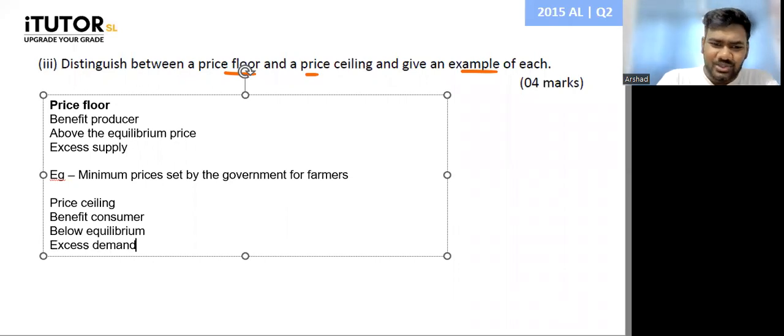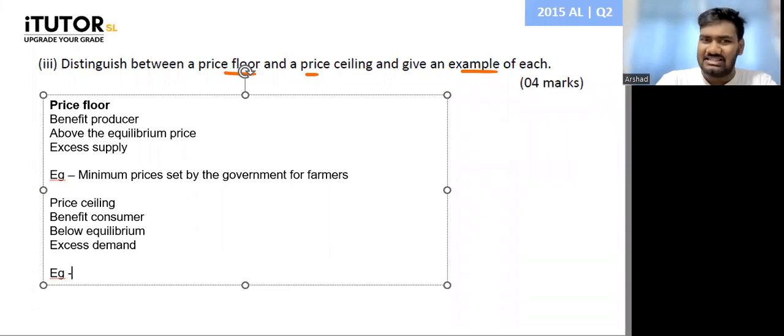Okay. So usually, guys, these maximum prices or price ceilings are set for what type of goods? For essential goods, right? So rice, gas cylinders, maybe coconuts, for essential goods.